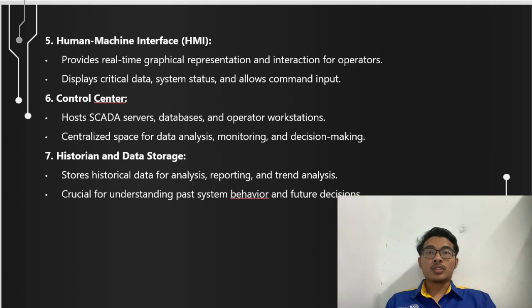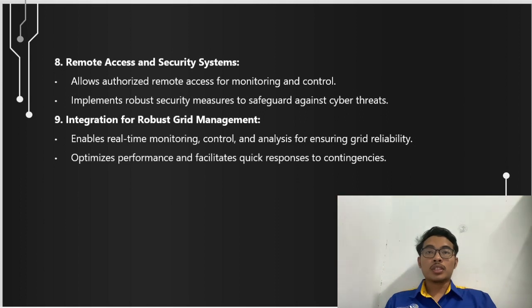Next, historian and data storage. Store historical data for analysis, reporting, and trend analysis. Crucial for understanding past system behavior and future decisions. Next, remote access and security system. Allow authorized remote access for monitoring and control.